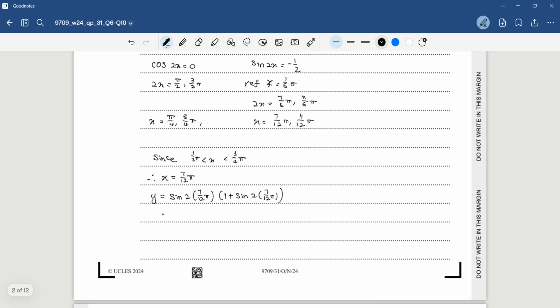You can directly substitute negative half, because sine 2x equals negative half. So when I put sine 2x equal to negative half, negative half times the bracket 1 plus negative half, you will get negative 1 over 4. Therefore, the M coordinate is x equals 7 over 12 pi, and my y coordinate is negative 1 over 4.